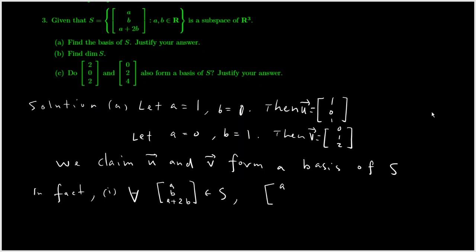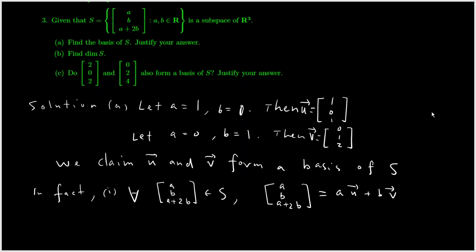Each vector with first component A, second component B, third component A plus 2B is a linear combination of U and V as A times U plus B times V. You can verify easily. Actually, we have seen that many times.